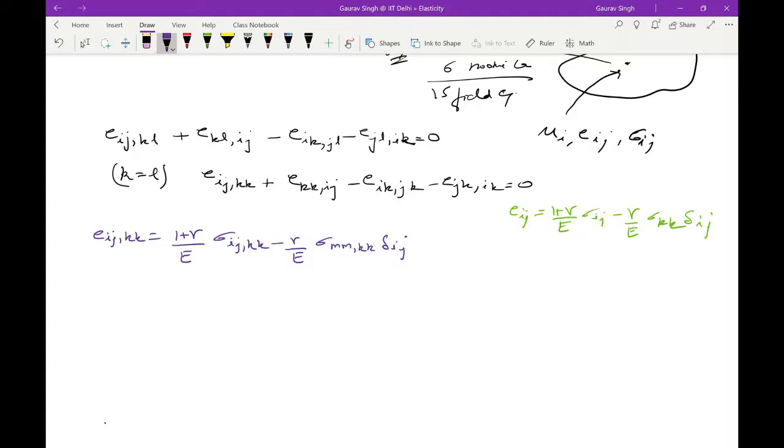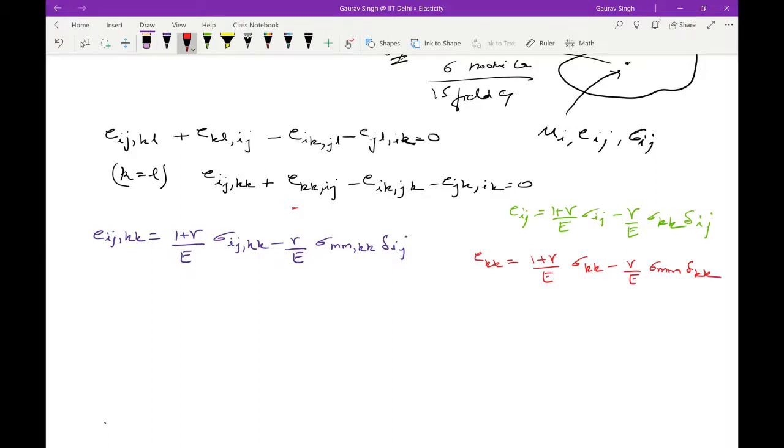Now let's write Ekk. We're looking at the second term now. Ekk is equal to (1 plus nu) by E sigma kk minus nu by E into sigma mm delta kk.